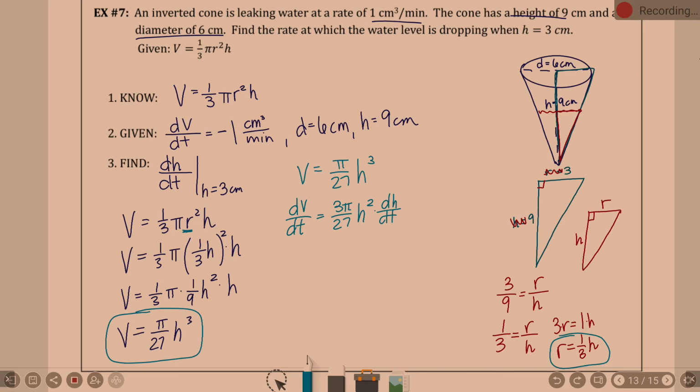Yes? And we should be able to plug everything in. What is dV/dt? Negative 1. Now, I'm going to go ahead and reduce. 3 pi over 27 is pi over 9, H squared, 3 squared, times dH/dt, which is what I was trying to solve for.